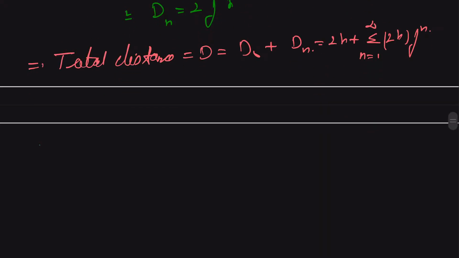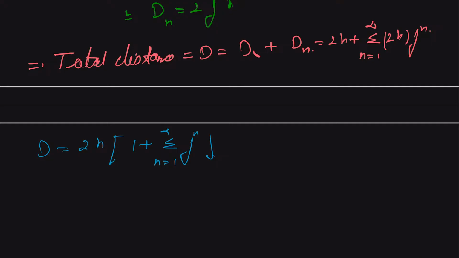Therefore, we get the distance D, this 2h we can take as common, and we get 2h times 1 plus summation n from 1 to infinity f^n.